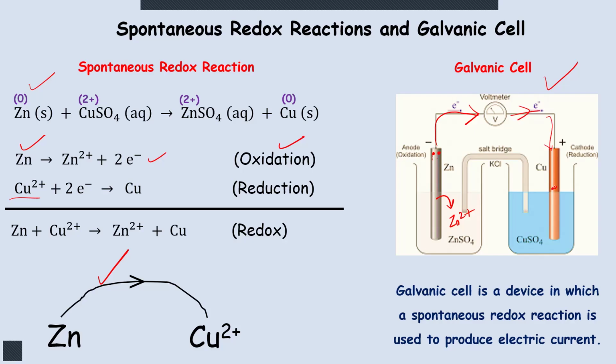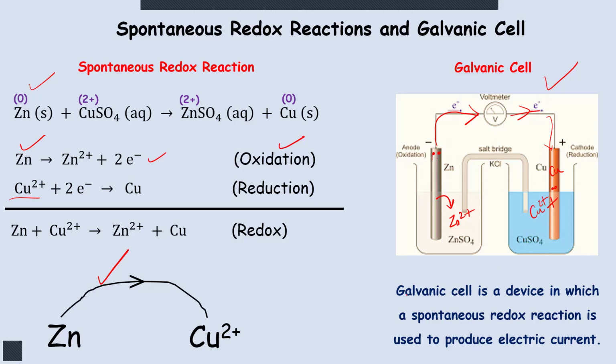At the copper rod, in the solution, there are copper 2 plus ions. These copper 2 plus ions gain the 2 electrons at the copper rod and get deposited as copper atoms on the copper rod. In this way, electrons are transferred from zinc to copper 2 plus through a metal wire. Once electrons are moving through a metal wire, that would be producing electric current.